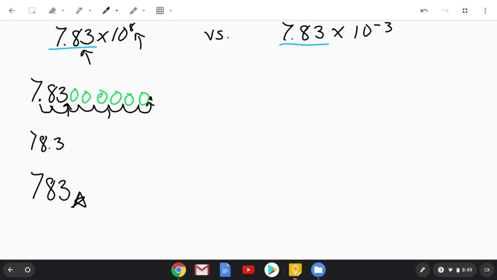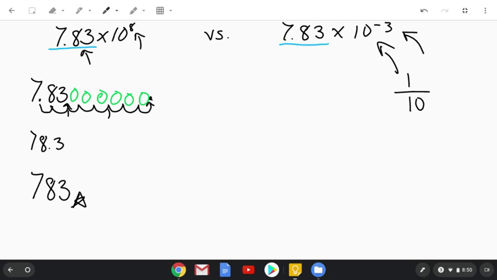Over here, let's look at the second number. This is representing a really, really small number. And I know this because, well, not really small, relatively small, because we have a negative exponent. That means I'm going to be multiplying by the base's reciprocal. In this case, the base's reciprocal is 1/10.